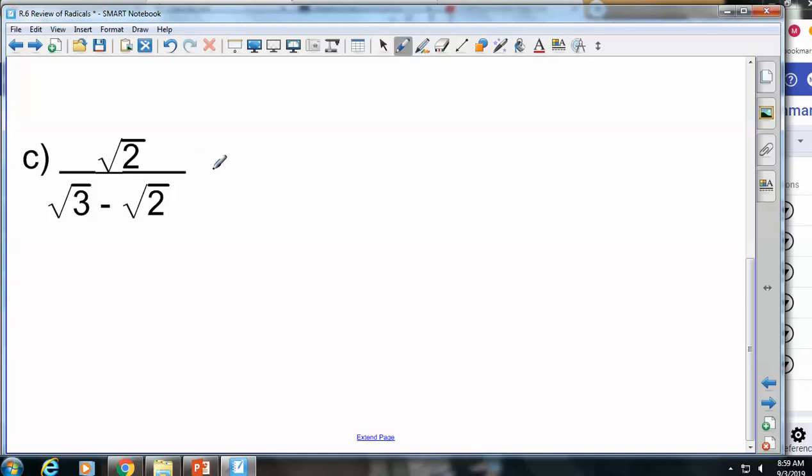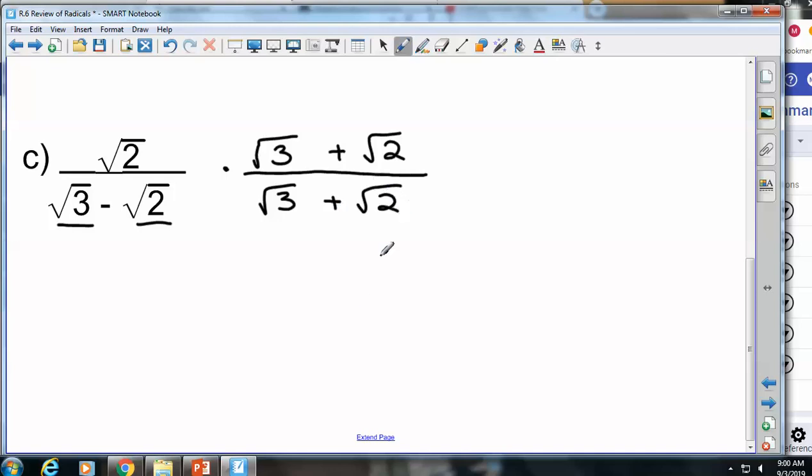Yes. It's called the conjugate. If you have 2 terms on the bottom, because if there's an addition or a subtraction sign, you have to multiply by the conjugate, which is the exact same thing, except you change the sign in the middle. And we will do that on the top and the bottom.